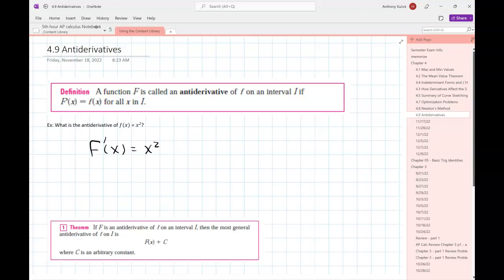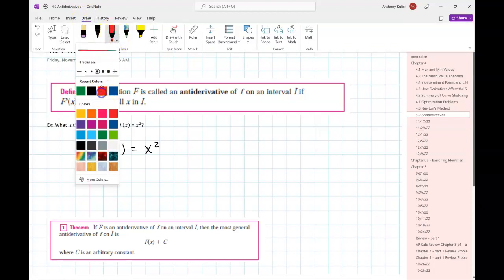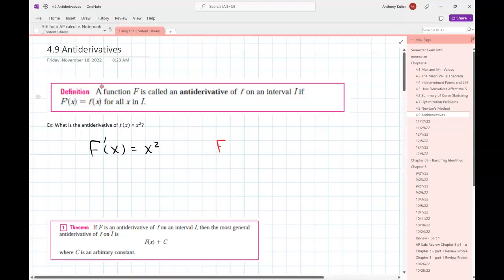I move the exponent to a coefficient and subtract 1 from the exponent, right? So I know immediately that the antiderivative is going to contain an x to the third in it, right? Now it's probably going to have some kind of coefficient also. Everybody agree with that?